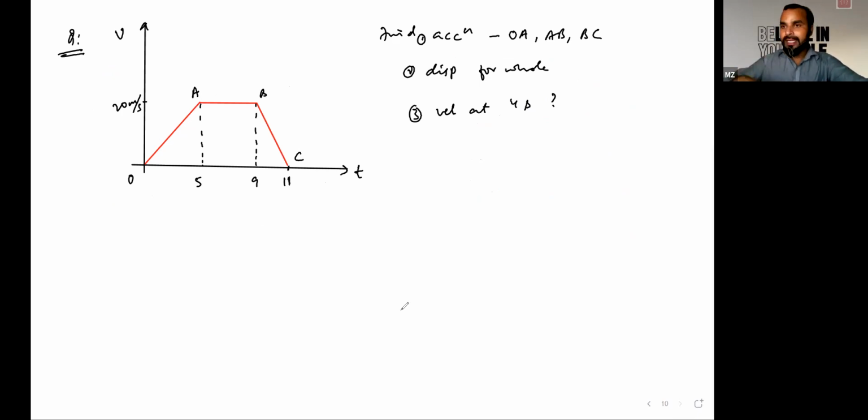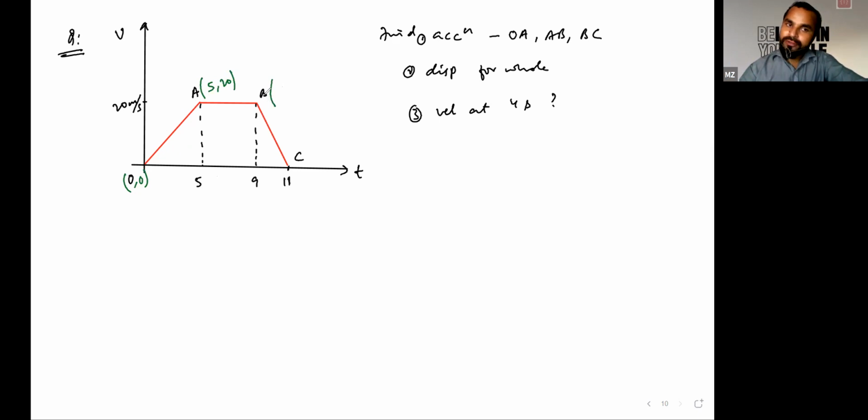First, if there is an angle given, just take tan theta. If there are coordinates given, just take the coordinates, like here we have 0, 0. If we define coordinates for A, the x coordinate is 5 and the y coordinate is 20. So we can write 5, 20.